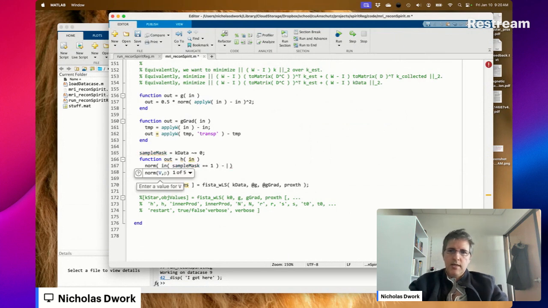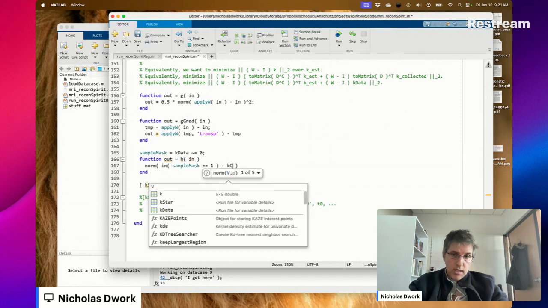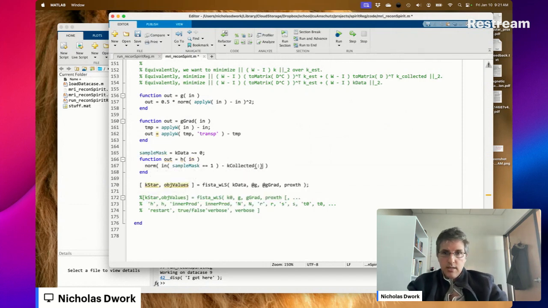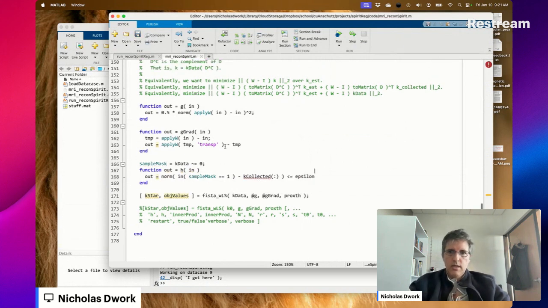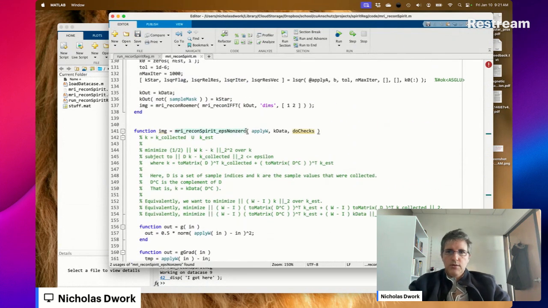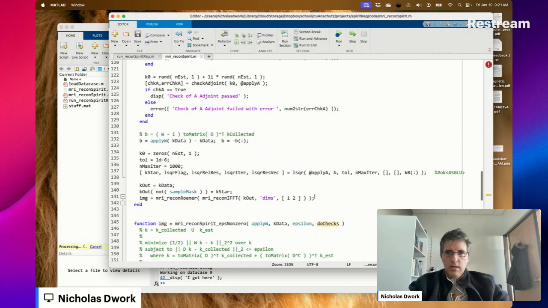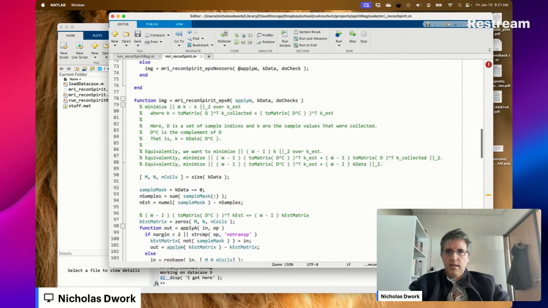Minus K collected, out is equal to, and if that's less than or equal to epsilon, which of course is the big difference here, epsilon. We need to supply that.